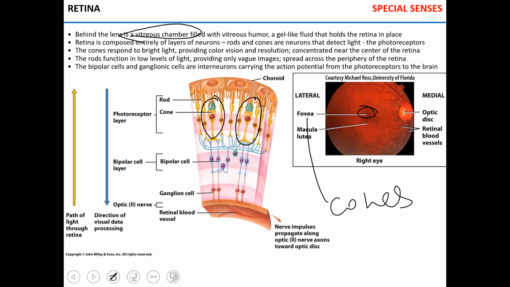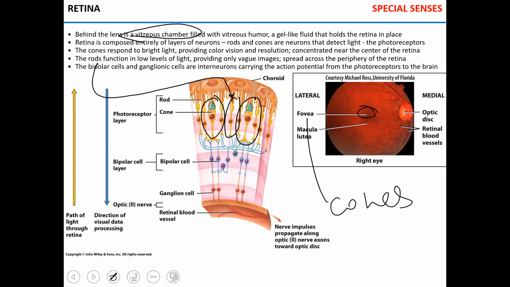What if it's the night and it's dark? Then another type of cells called rods will function in these conditions. They will be responsible for the vision in the dim light and for the peripheral vision.